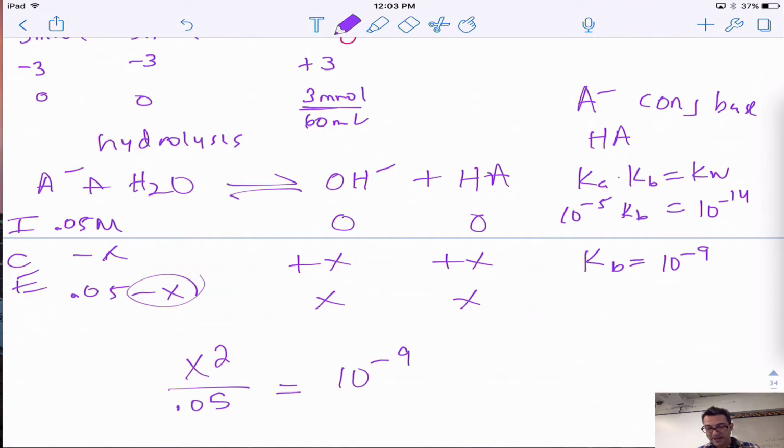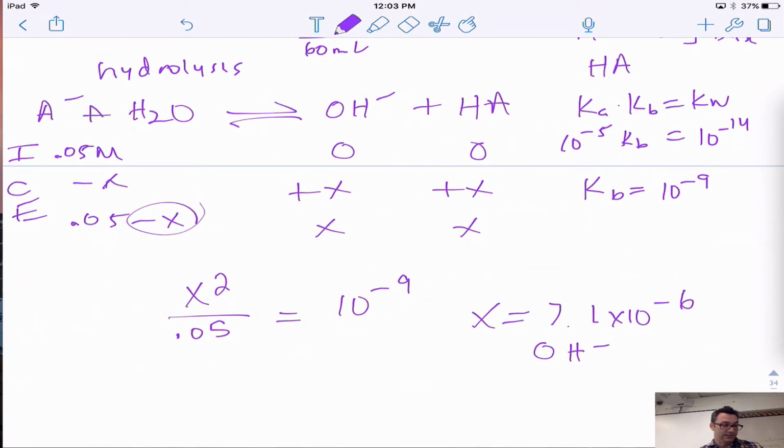Now we can solve for X. So we can multiply this by 10 to the negative 9, and then take the square root of that, and we would get that X is equal to 7.1 times 10 to the negative 6. That is my OH minus.